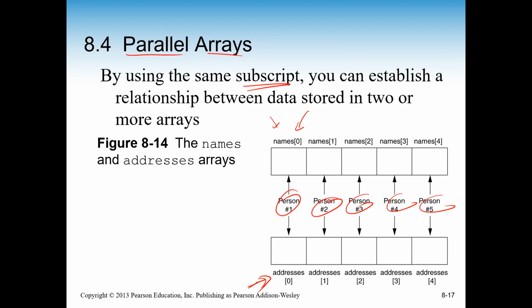As you can see, before we started with variables, then we started with sets of variables called arrays. Now we're starting to talk about parallel arrays. You can see how we're starting to build even more complex data sets. As I said, in 265 you'll spend some time on building very complex data sets.